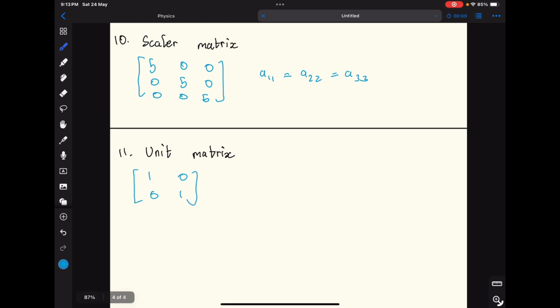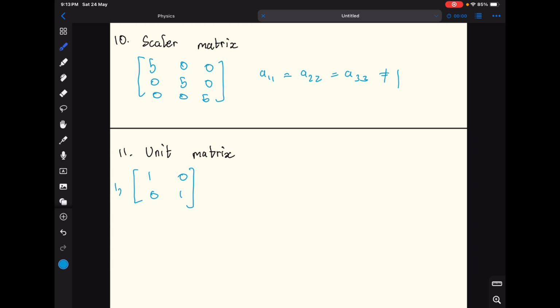Scalar matrix and unit matrix are the same, but the only difference is that in a scalar matrix A11, A22, A33 are not equal to 1, but over here it is equal to 1. If this is equal to 1 in a scalar matrix, then it will become a unit matrix.